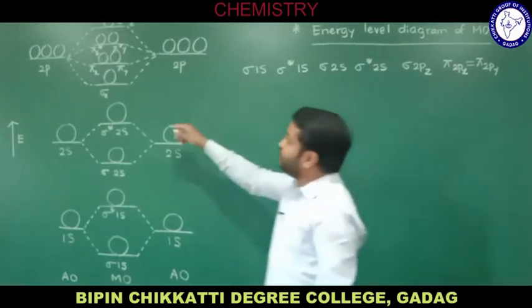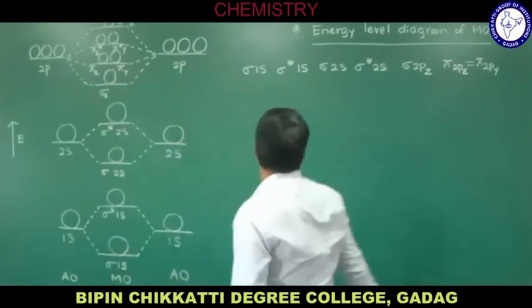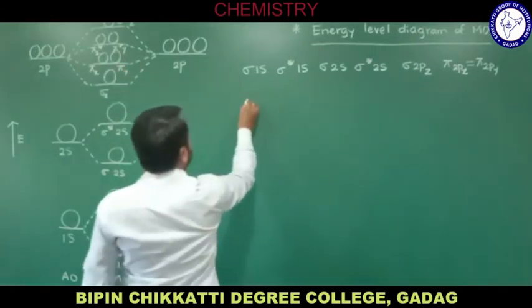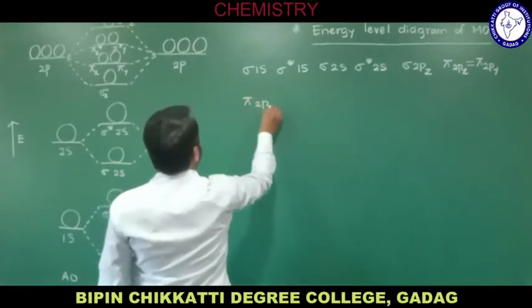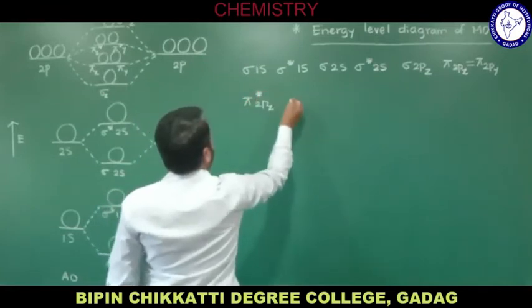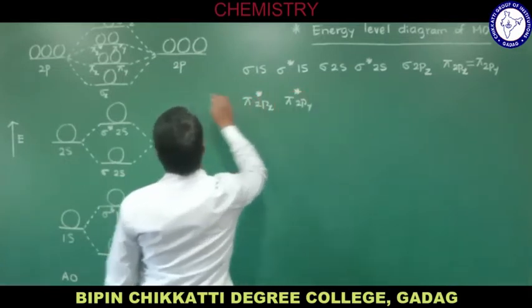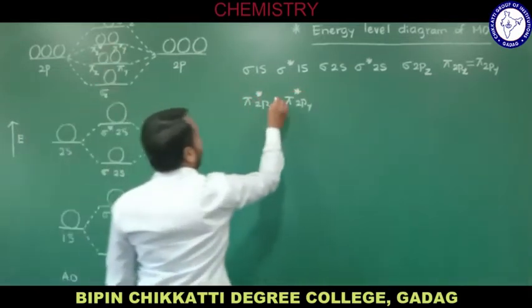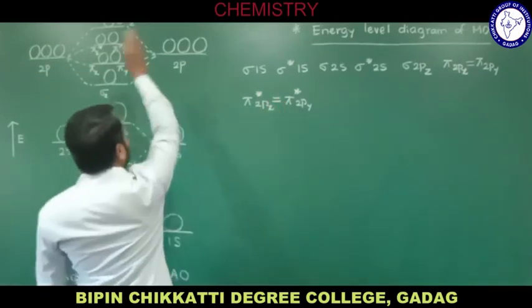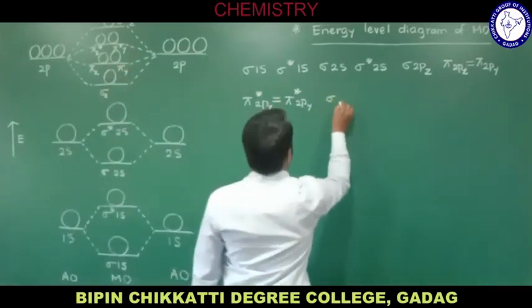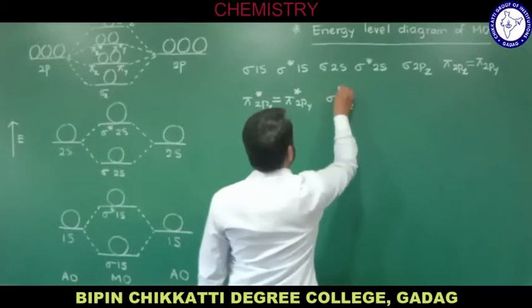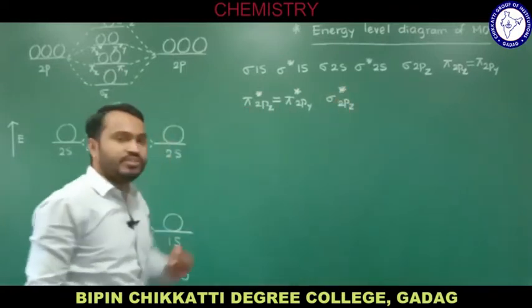So after that we have pi x star and pi y star. I am going to continue here. So pi 2px star and pi 2py star, and these two are in the same energy level. I can equate these two. And one more we have, what is that? Sigma 2pz star. So this is the energy sequence you can consider.